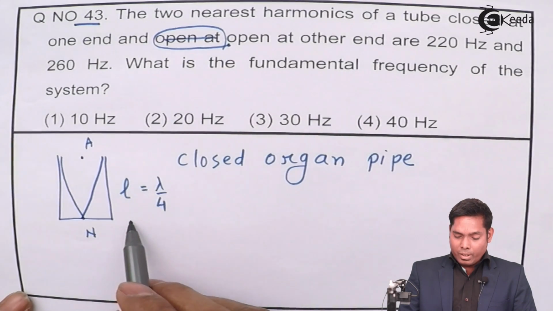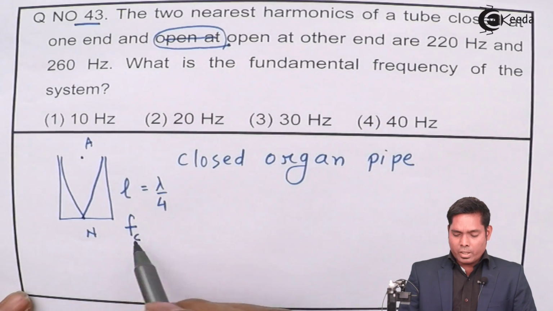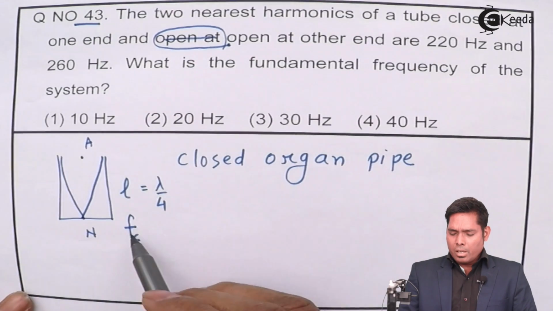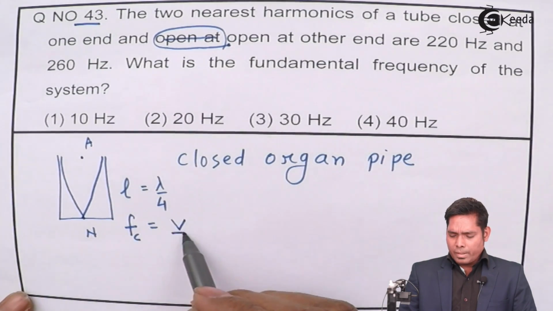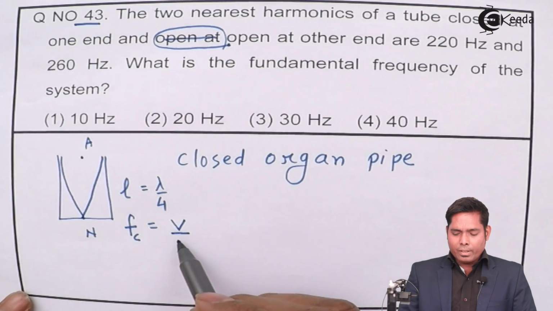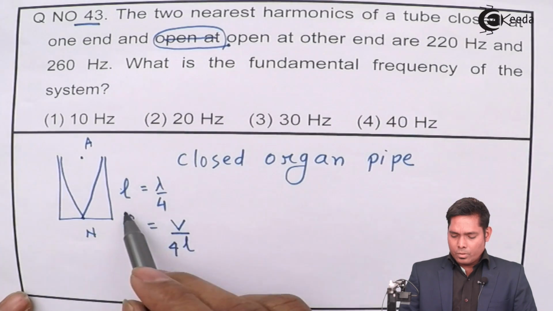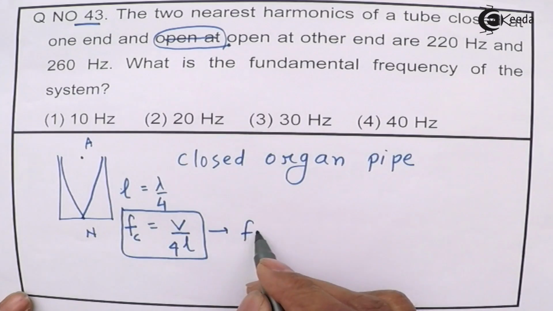This is the fundamental mode of vibration. The fundamental frequency is given by the velocity of sound divided by the wavelength, which is 4L. So this is the fundamental frequency in case of a closed tube.